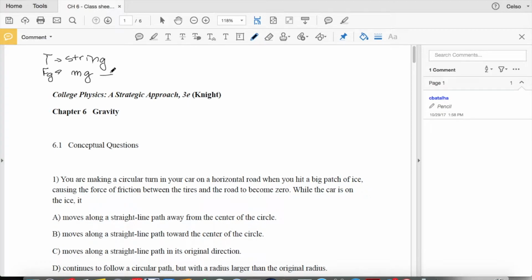I would like to expand this a little bit after we go over the list of forces. I'm just trying to refresh your memory on that. So we have tension, gravity force. We also went over friction, the two types of friction forces, kinetic and static. Kinetic friction has a specific equation, which is a coefficient of kinetic friction times the normal force. And the static friction is a force that has a range of values.